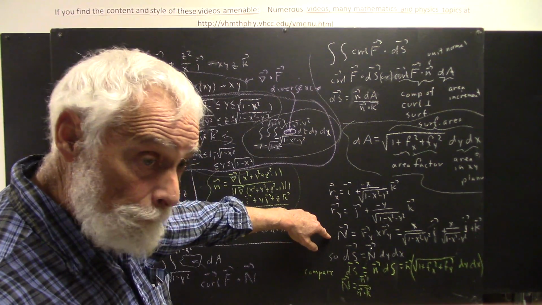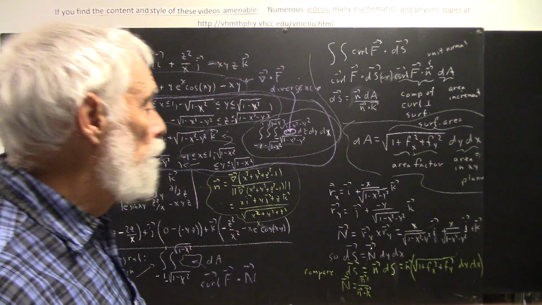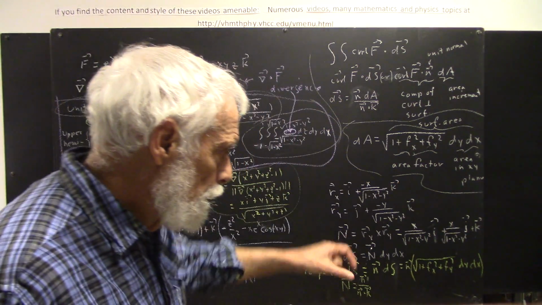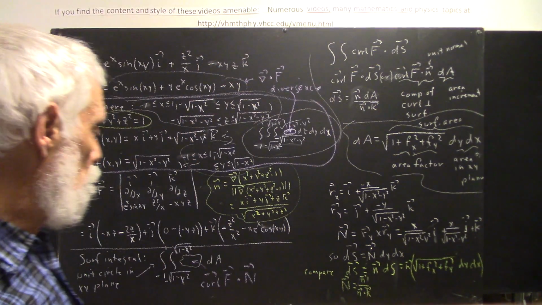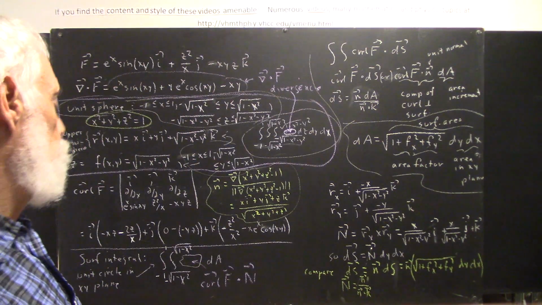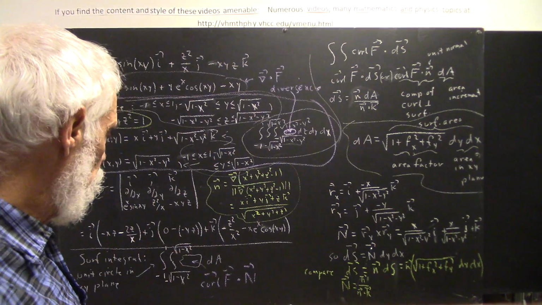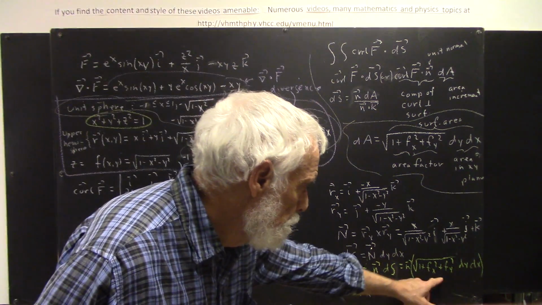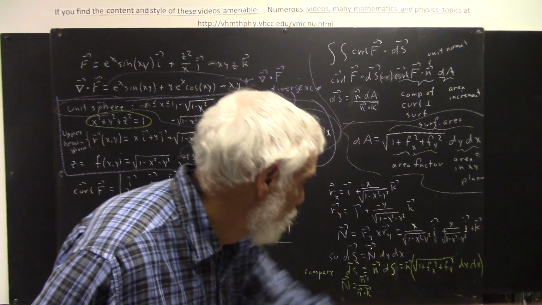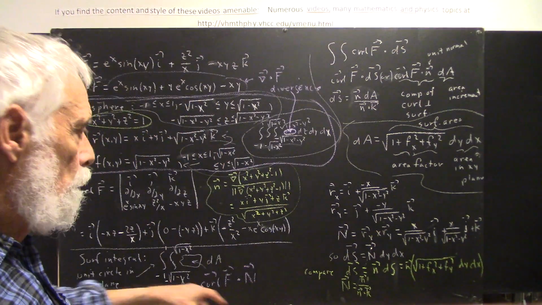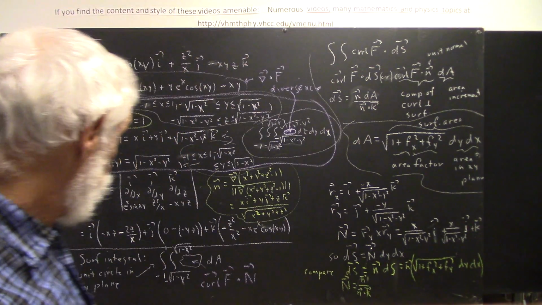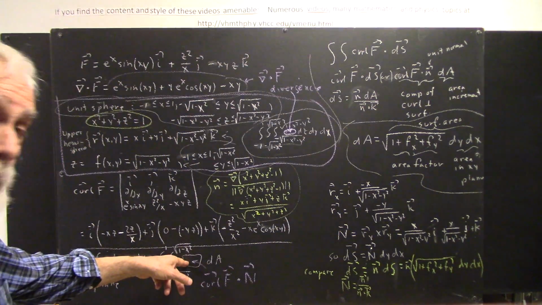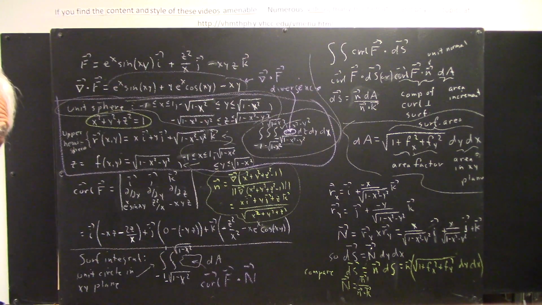Capital N we got here because it includes already our area increment, our area multiplier. Okay, we don't use just the unit normal in this case. We could use the unit normal, then we'd have to figure out the area multiplier, which would be easy to do. Or we could use just f with this vector. But that's going to be easy to write down, and the integral might or might not be straightforward.